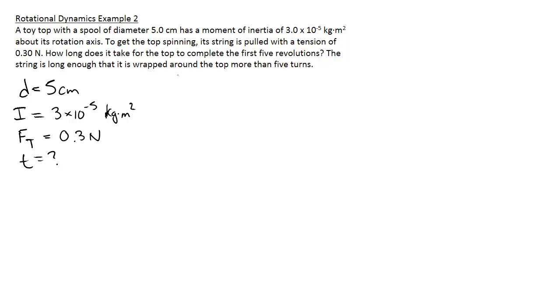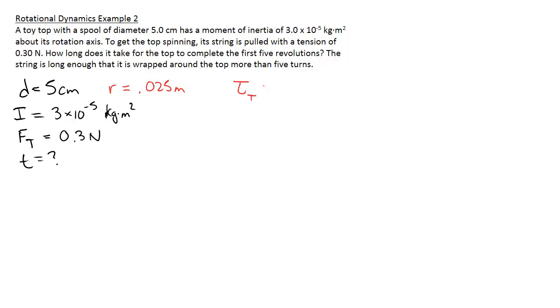Well, what I'm going to do is this. Since the diameter is 5 centimeters, that means the radius is going to be 2.5 centimeters, so 0.025 meters for the radius of this toy top. Since I know the moment of inertia, the radius, and that force of tension, I can find the torque due to that force of tension.